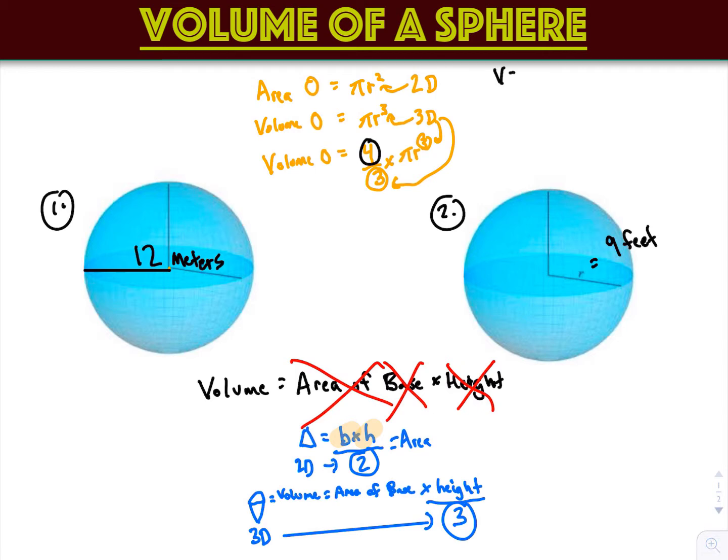Again, in this case, volume is 4/3 pi r cubed, where we have radius to be 9 in this case. So 9 to the 3rd power. We know that 9 times 9 is 81. And we find 81 times 9 to be 729. I'm actually going to leave it like this for now.